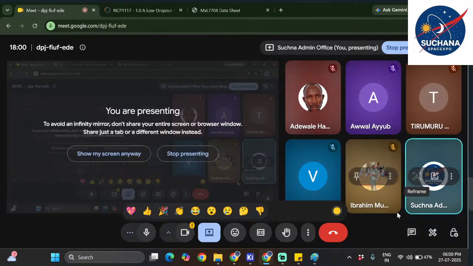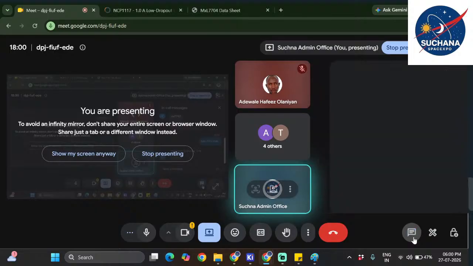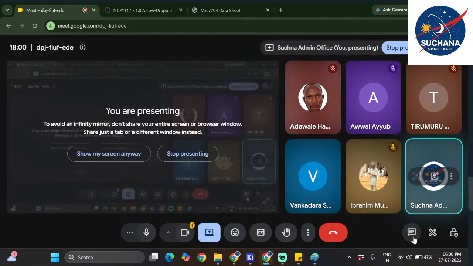Anyone? Sri Krishna, can you just unmute yourself? Heat sink. Yeah. Can you name some of the protection components which are used in a PCB to protect the circuit and the entire mechanism?